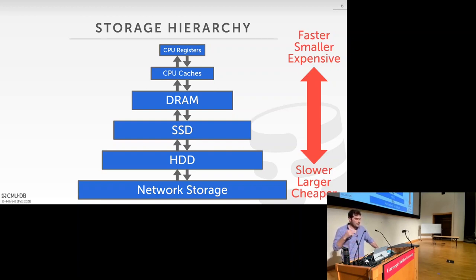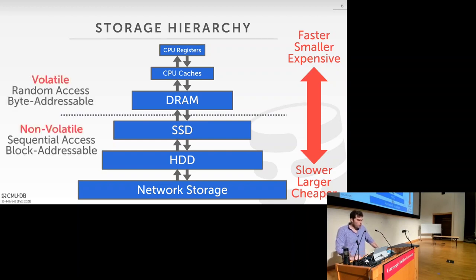So at the top, on the CPU side, it's much faster to access data if it's in CPU registers or CPU caches, but the available space that you have to store data is a lot smaller, and it's much more expensive per byte of data that you store. And as you go all the way down to the lowest layers, it becomes much slower to access data, but you have a lot more space, and it's cheaper per byte.